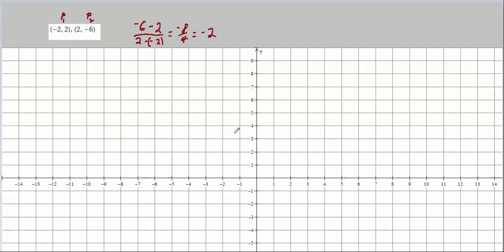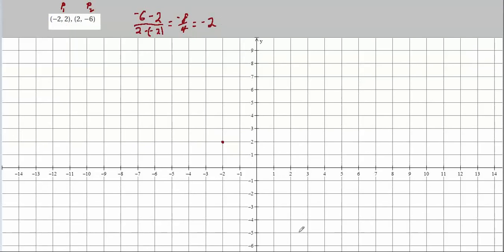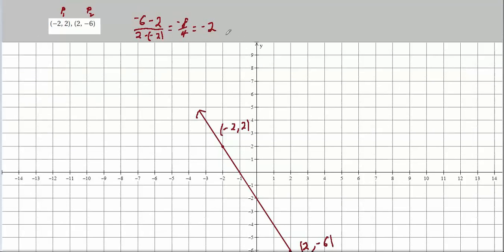What if we graph these? Let's see here. We got minus 2, 2. We've got 2 minus 6. So we got a slope of minus 2. How do we interpret that?